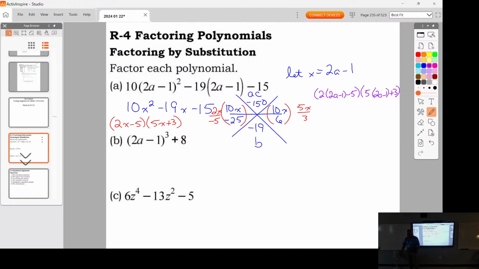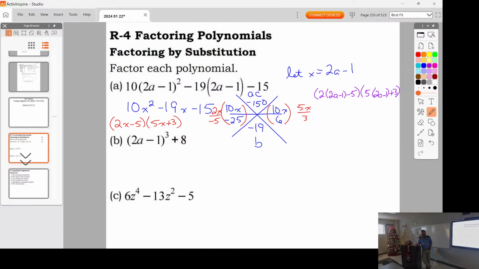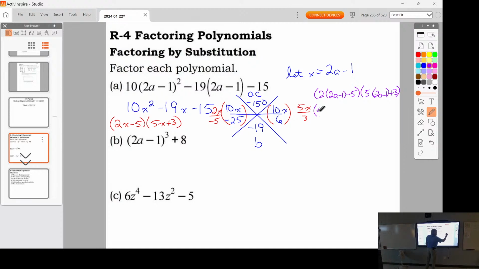And now we just have some simple algebra, some distribution to take place, combining like terms, and then we'll have our answer. Distributing the 2 gives me 4a minus 2 minus 5, times distributing the 5 gives me 10a minus 5 plus 3.